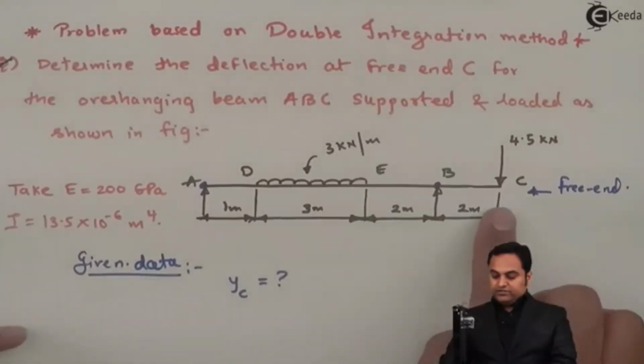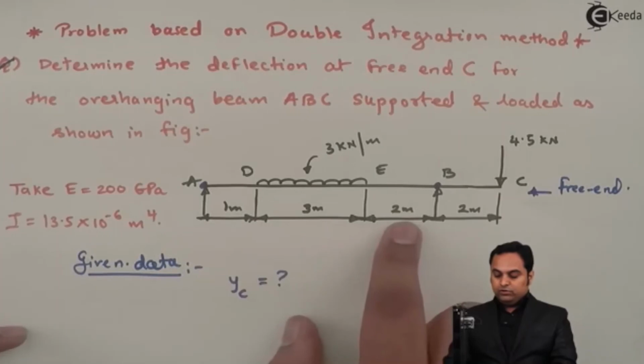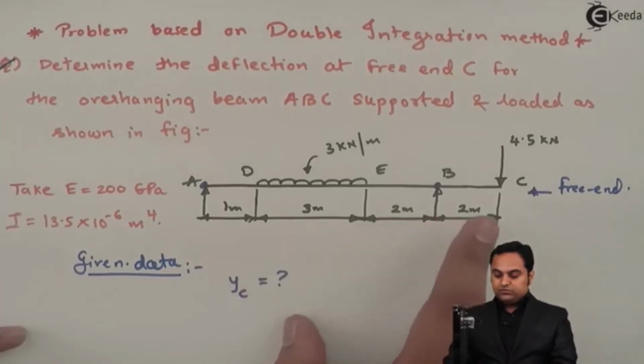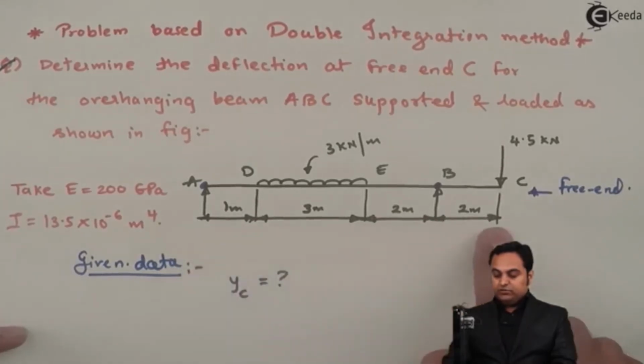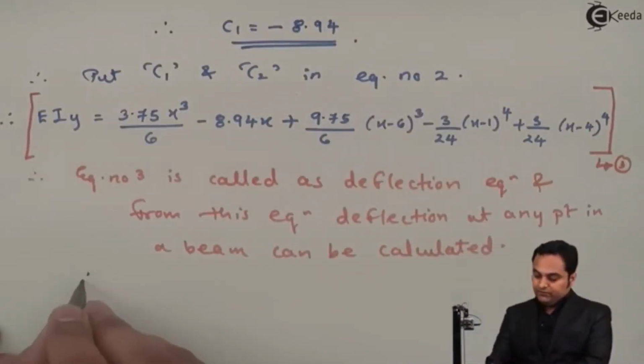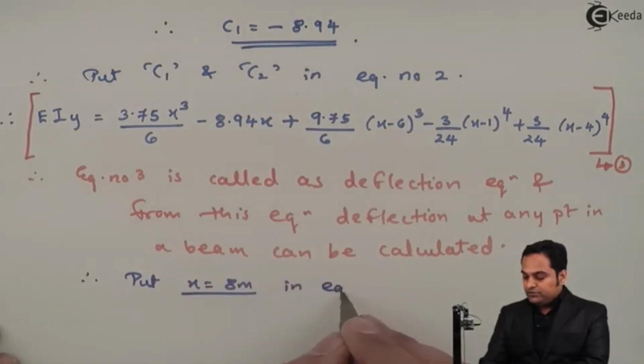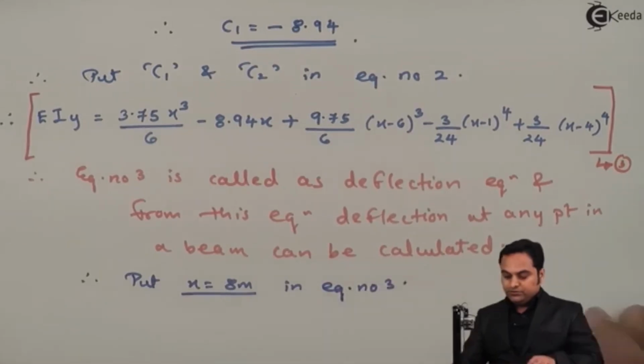So now we have got the deflection equation, and if we look into the question, we have to find the deflection at point C. So the distance is 1 plus 3, that is 4, plus 2, that is 6, plus 2, that is 8. So at x equal to 8 meter, we have to find the deflection. Therefore put x equal to 8 meter in equation number 3, because we want the deflection.